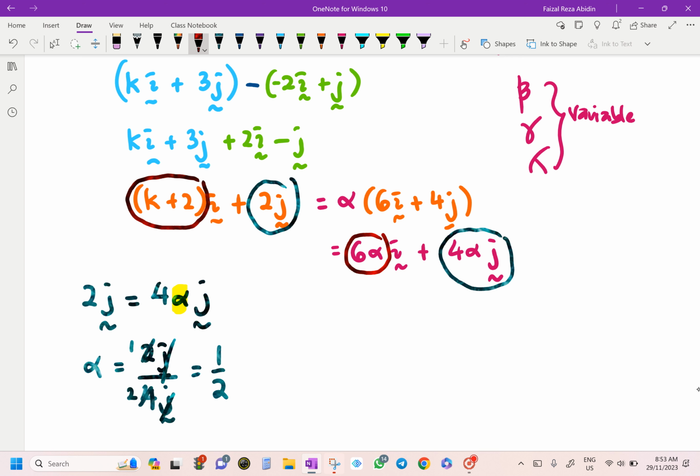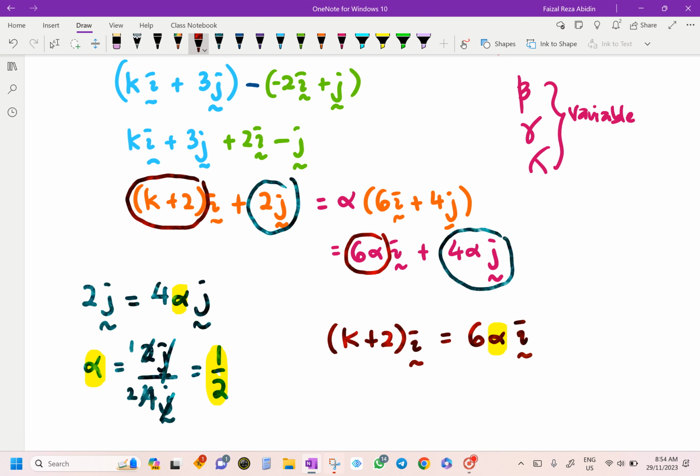We are going to get k plus 2i. We got just now 6 alpha i, right? When you already have the value of alpha as 1/2, what are you going to do here? Substitute.